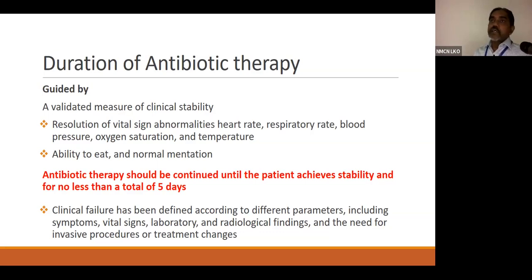Because inappropriate therapy can lead to clinical failure, which is defined according to different parameters: presence of symptoms, recurrence of symptoms, vital signs, laboratory features, radiological findings, and the need for invasive procedure or treatment changes. These are the points which decide or diagnose clinical failure.